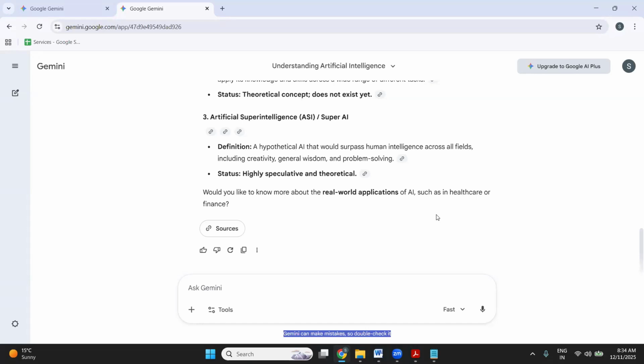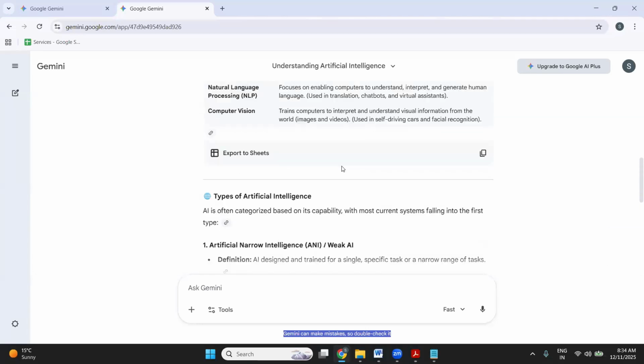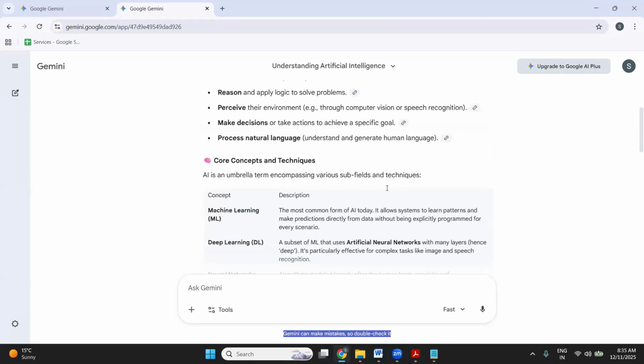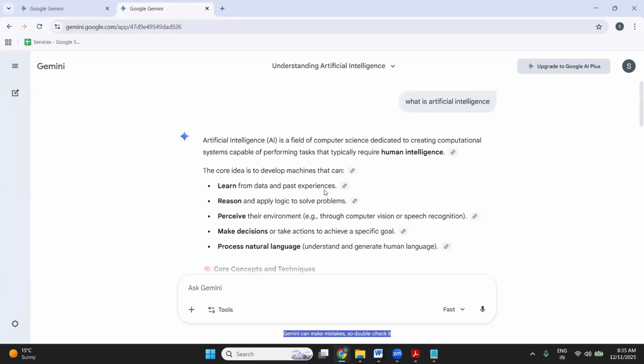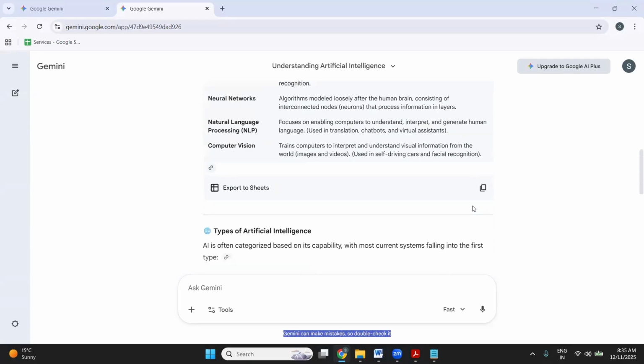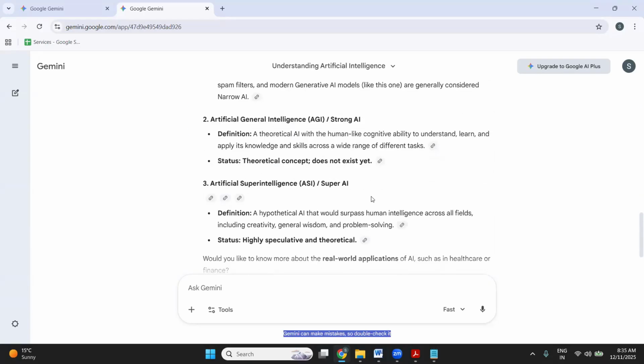These LLMs feel that they are intelligent. Obviously they are intelligent, right? That's why they are providing us so much information. Sometimes they will show overconfidence in providing the contents.